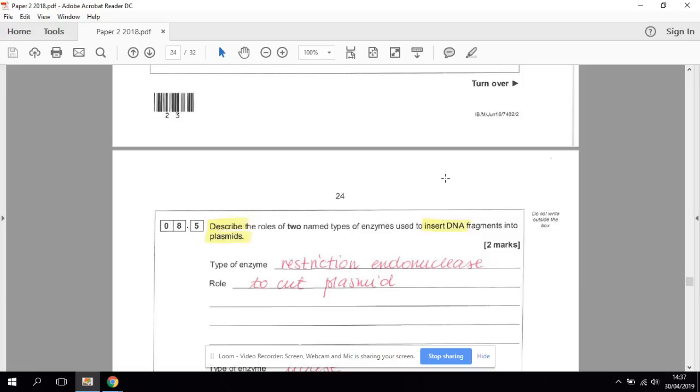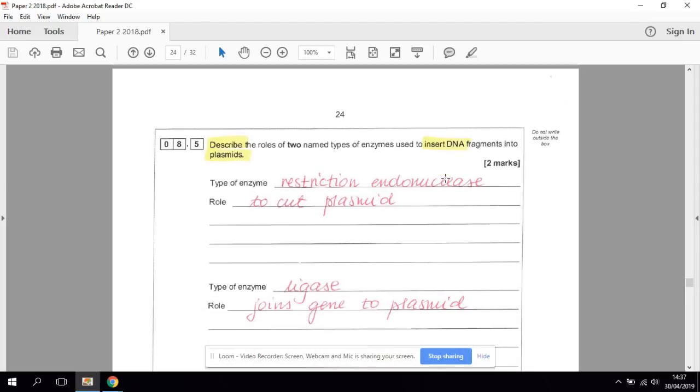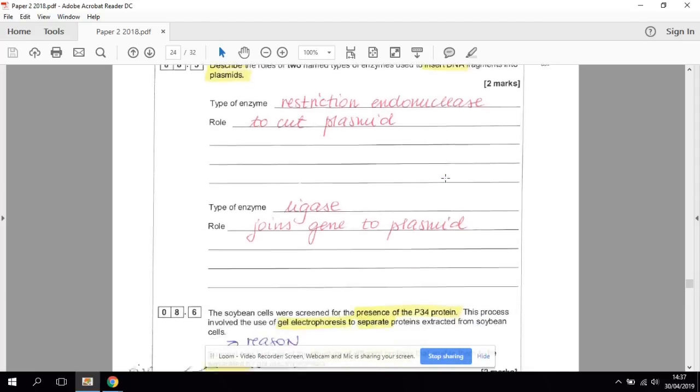Describe the role of two enzymes involved in the insertion of DNA into a plasmid. We need to cut the plasmid first, so that's using restriction endonuclease, and we then need to join those two DNAs with the enzyme called DNA ligase, which joins the gene to the plasmid.